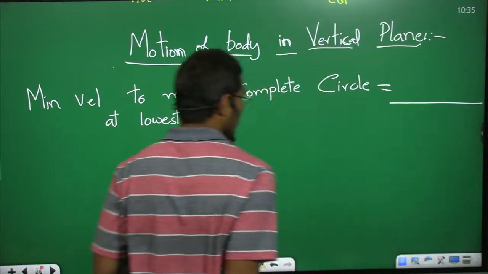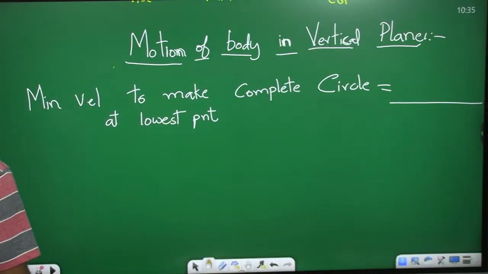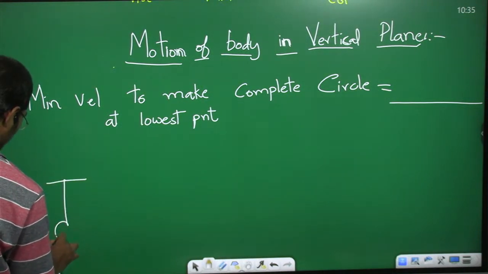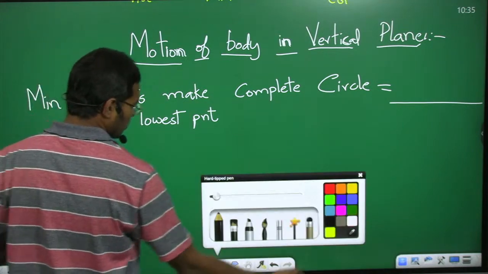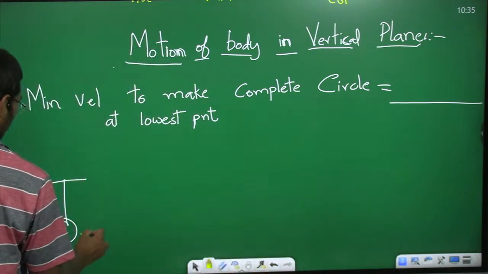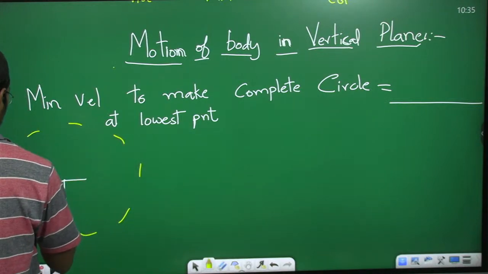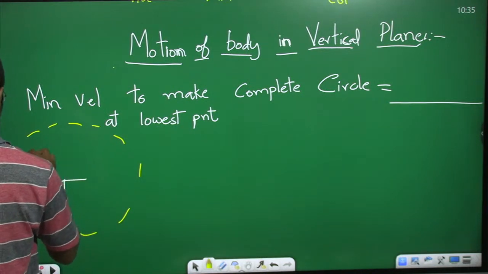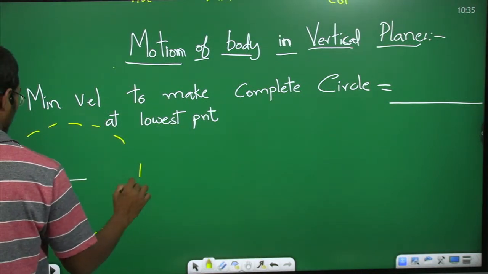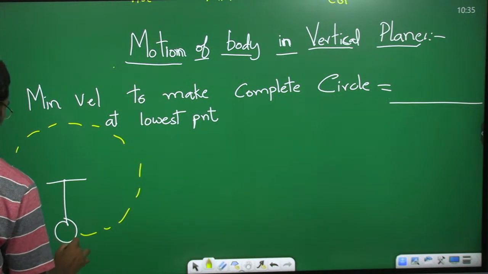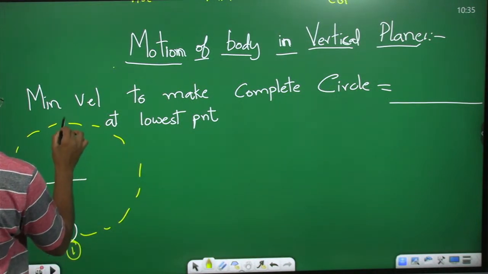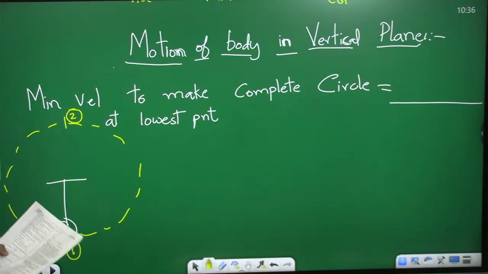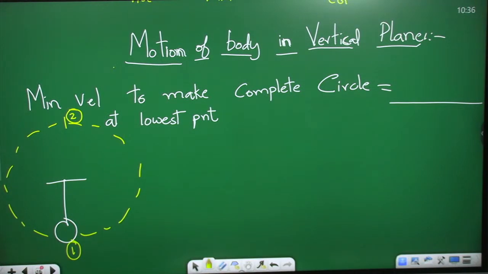Please write the formula. So minimum velocity to make a complete circle.